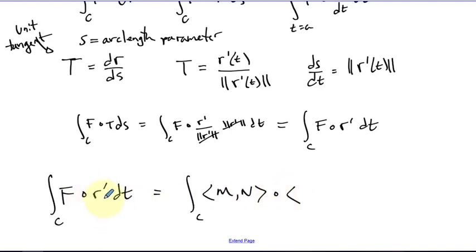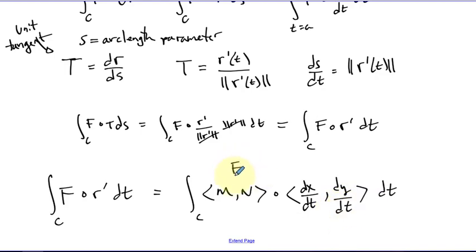And then this is the derivative of the position vector for the particle as it moves through the vector field. So r was given with components x and y, and this is the derivative with respect to t. So here you can put dx/dt, dy/dt.